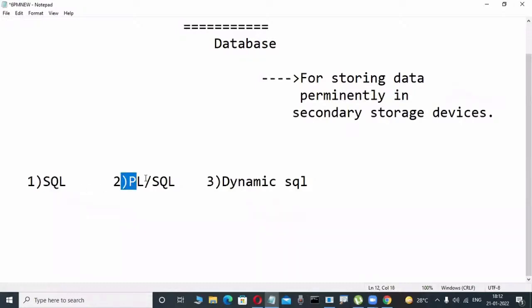But why PLSQL, which is programming like C++ or Java? It is procedural language extension for SQL. Why is this language really required? Many jobs are available in PLSQL also. Why is it required? Because of so many applications.